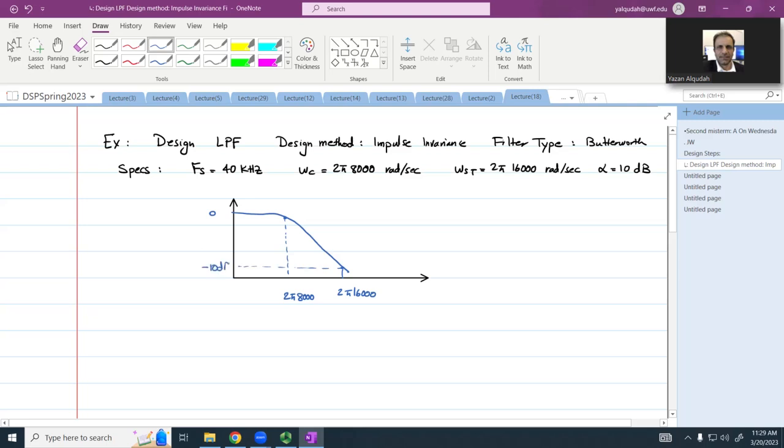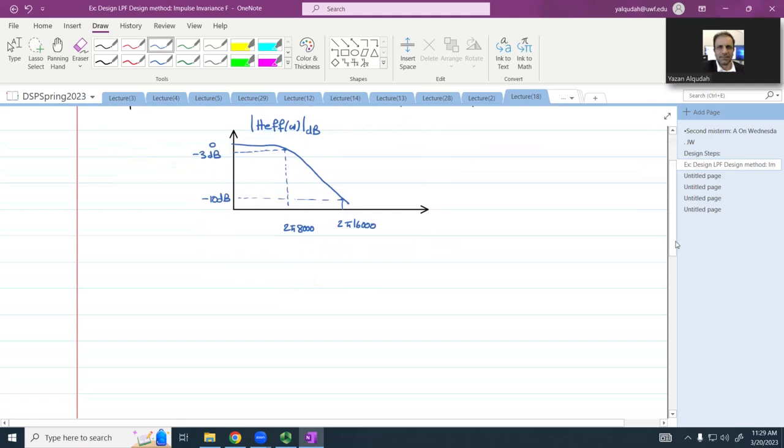So this is going to be negative 10 dB. And this is H effective of omega in dB.